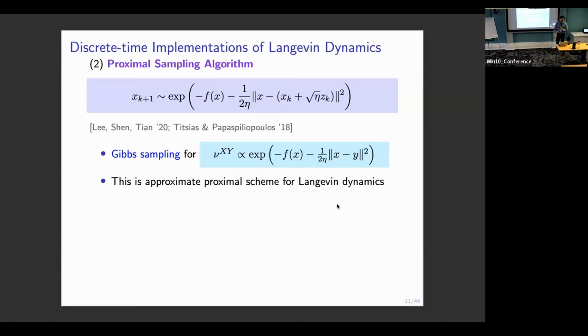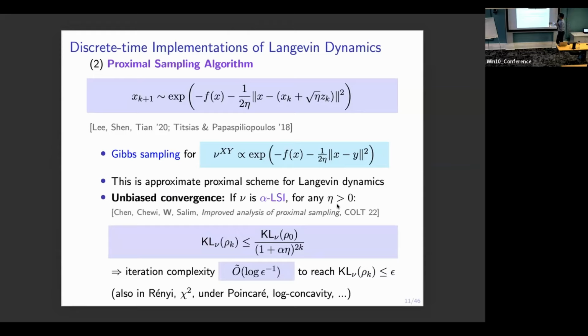And also, in a recent work with some colleagues at Caltech 2 years ago, we showed that in a precise sense, we can actually view this as approximate proximal discretization of the Langevin dynamics, either using entropy regularization or via a slightly different perspective. And using that, we can actually show that not only is this unbiased, but it has the matching exponential convergence guarantee.